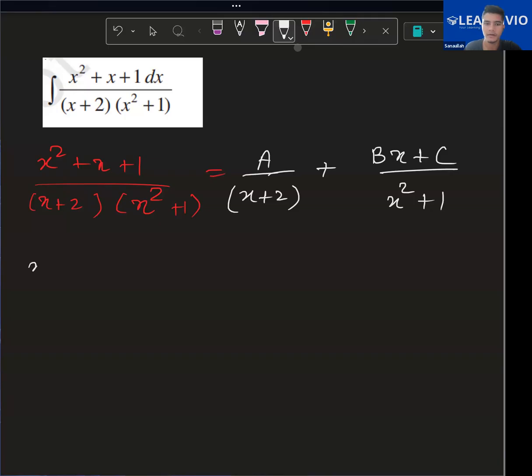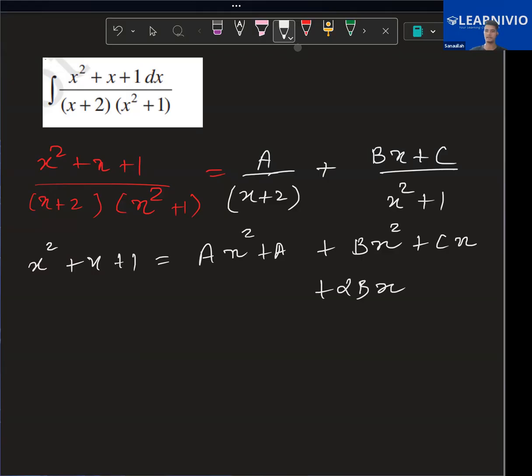So on comparing, x square plus x plus 1 will give you ax square plus a, plus bx square plus cx plus 2bx plus 2c. Now you will compare.